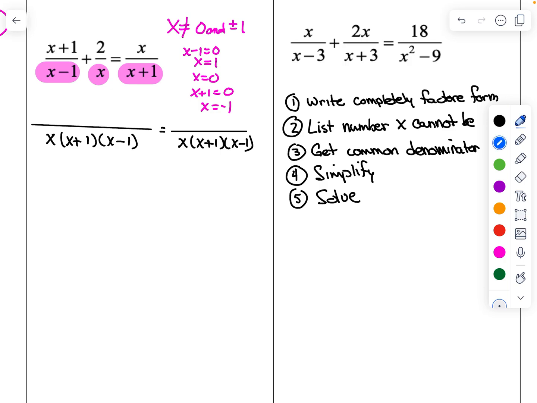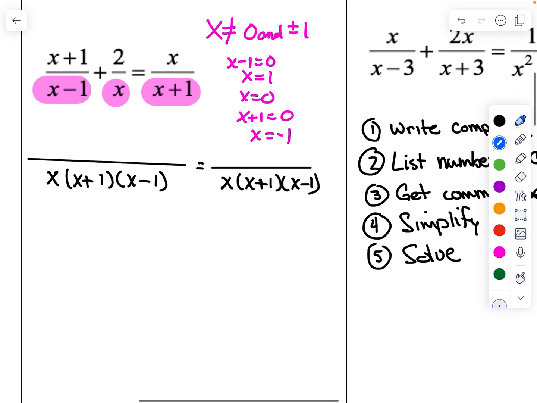So that means this denominator needs to be multiplied by x and x plus 1. This denominator needs to be multiplied by x plus 1, x minus 1. And this denominator needs to be multiplied by x minus 1.